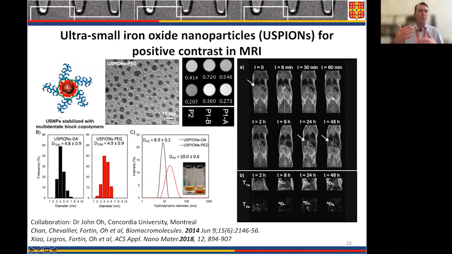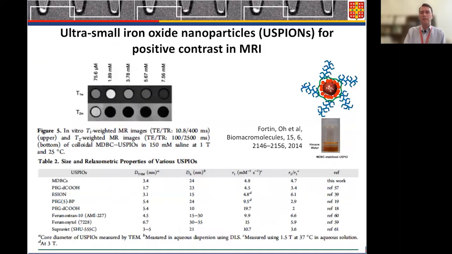And the iron oxide nanoparticles remain in the blood for a much longer time compared with gadolinium chelates or manganese-based chelates. So in this paper we performed T1 weighted imaging and T2 weighted imaging. We could clearly demonstrate that the iron oxide nanoparticles can be used both as a T1 enhancer and a T2 enhancer.